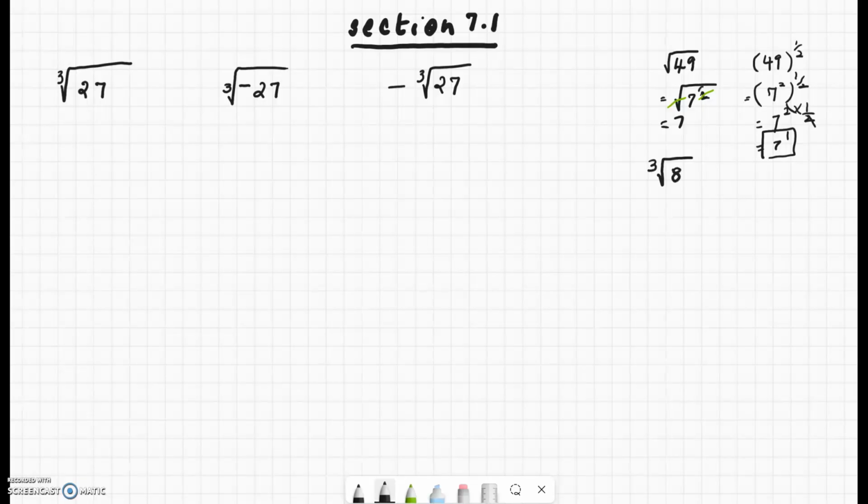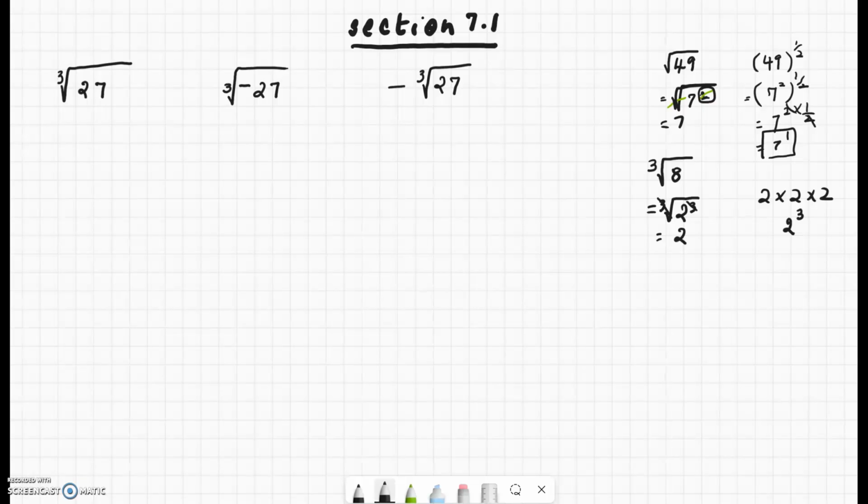So just like the 2 and the square root canceled each other out, you can think of 8 as 2 times 2 times 2, if you break it down completely into its prime factors, so you would get the cube root of 2 cubed. Remember, the cube root and the cube kind of cancel each other out, and you're left with a 2.